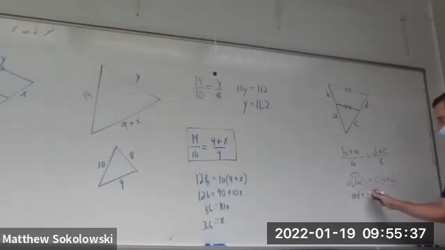AD plus AC equals CB, plus CA. That's right. That's just some algebra.